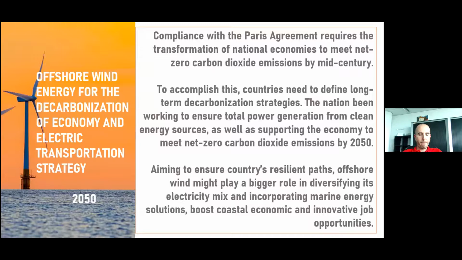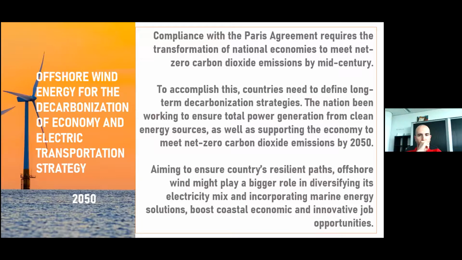Why? I would like you to take some seconds, some minutes to read this slide. This is one very good reason why Costa Rica is thinking of including offshore wind energy in the future portfolio. We need to move forward in the decarbonization of the economy and try to move forward the electrification of transportation.